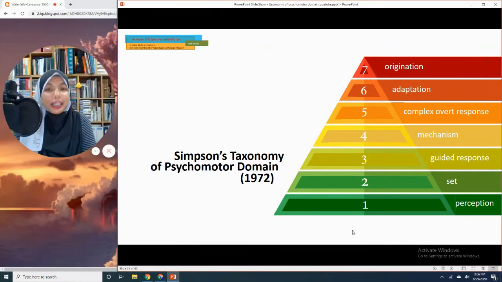Right. So the taxonomy consists of 7 stages from perception up to origination. You will find that some of the levels are similar to Dave's, with 2 additional levels in the beginning. It does set this taxonomy apart from other taxonomies.